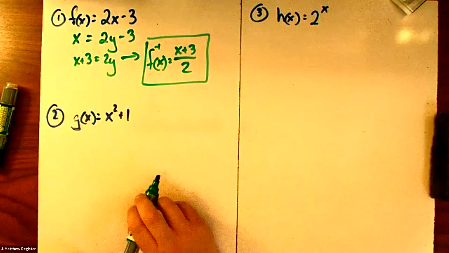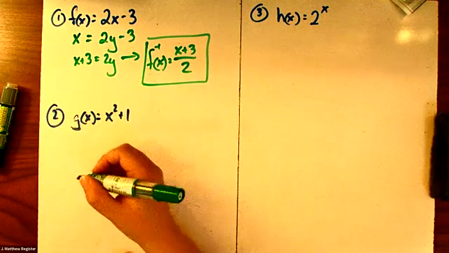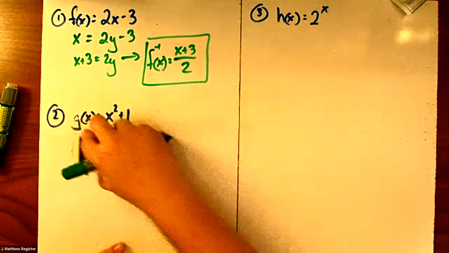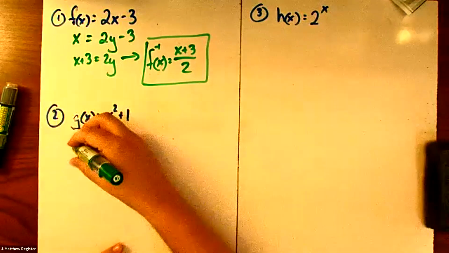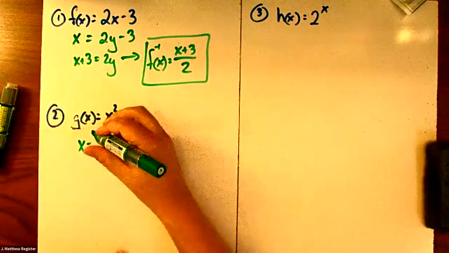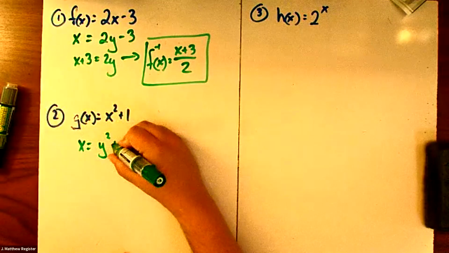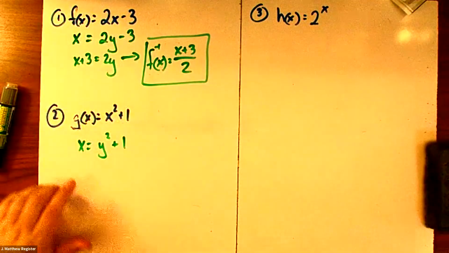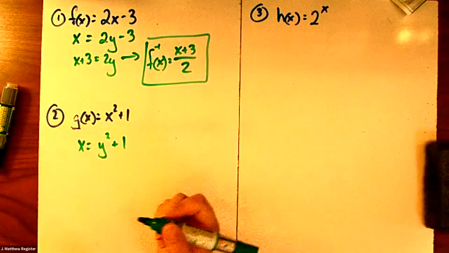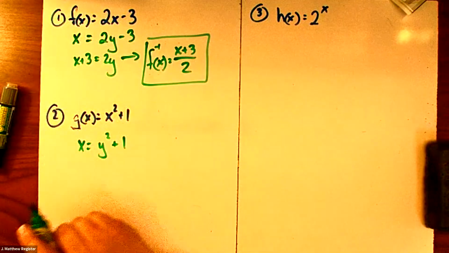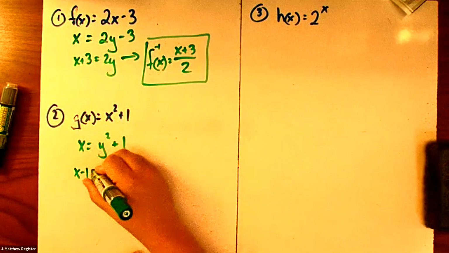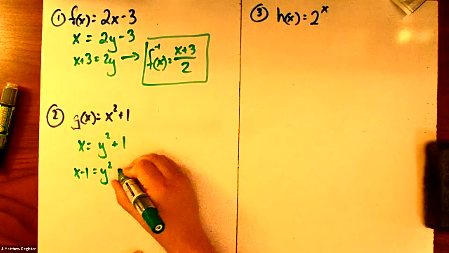To find the inverse, again, we are going to switch our x and y values. So x equals y squared plus 1. In order to figure this out, all we would have to do is move the 1 over. So we'll get x minus 1 equals y squared.